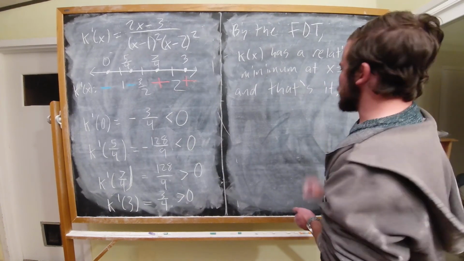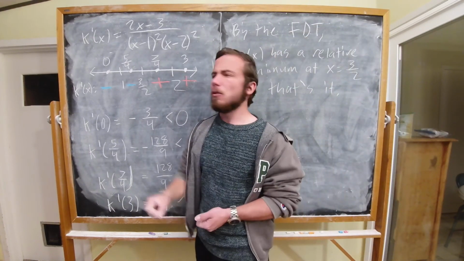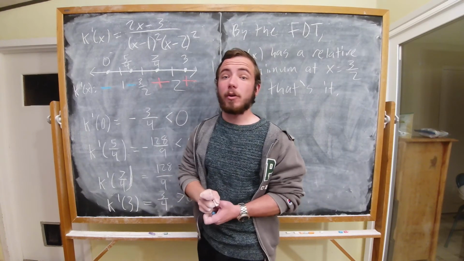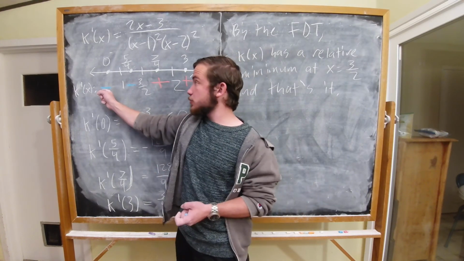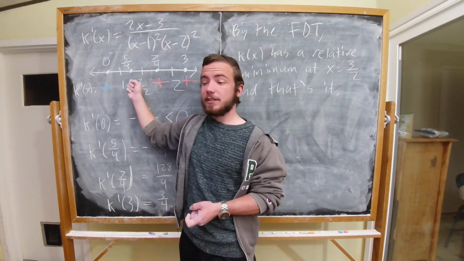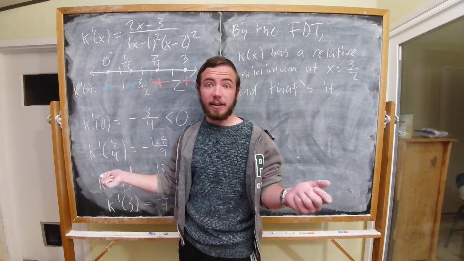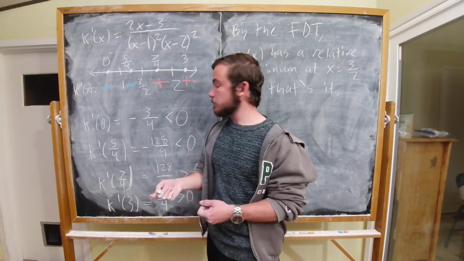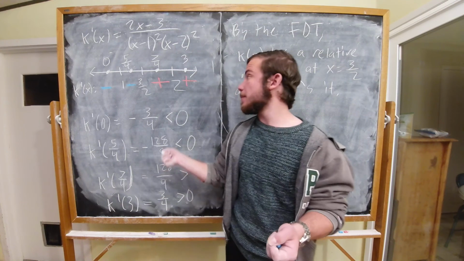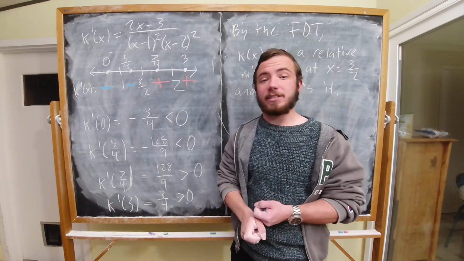You might be like, that's it? What about these other critical points? Well, here the first derivative went from negative to negative. Didn't change sign, so no relative extrema. Ditto at x equals 2.